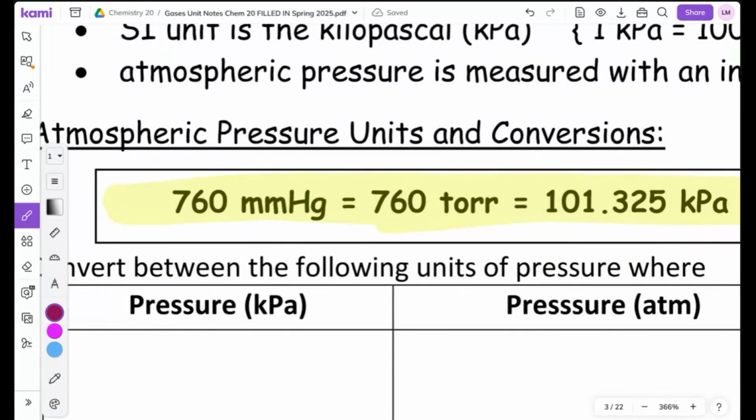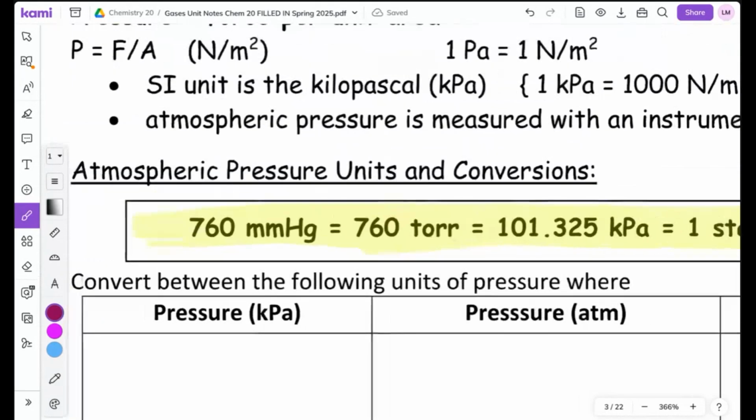Sometimes when you're using instruments such as a barometer, it's going to measure how much pressure the gas, or typically the atmospheric gases, are applying on the mercury in the barometer. And so that's why we have 760 millimeters of mercury.